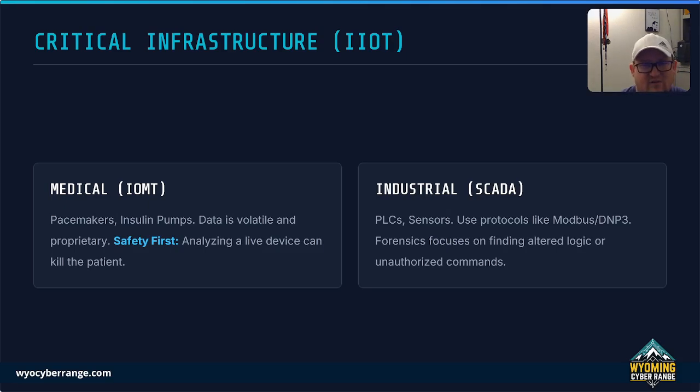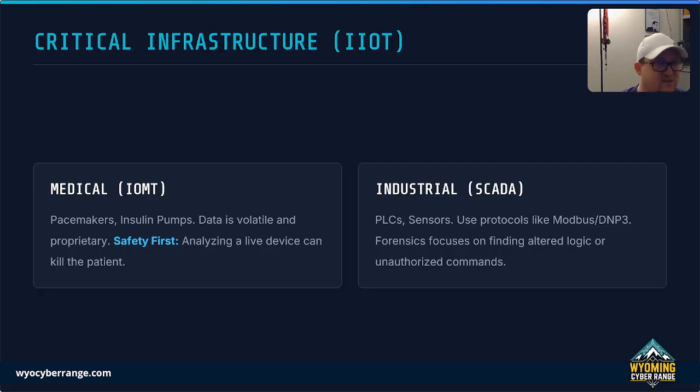And in the industrial sector, like SCADA devices, we deal with programmable logic controllers, otherwise known as PLCs, and sensors using protocols like Modbus. Forensics here, on the other hand, is we can find unauthorized controls or other data, and a lot of times this data is not secure. So we have to be careful.